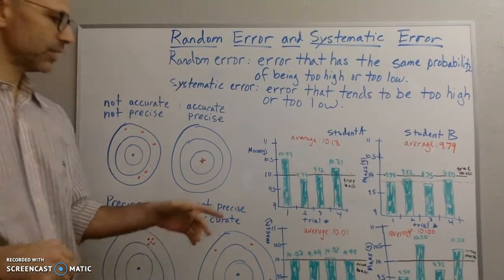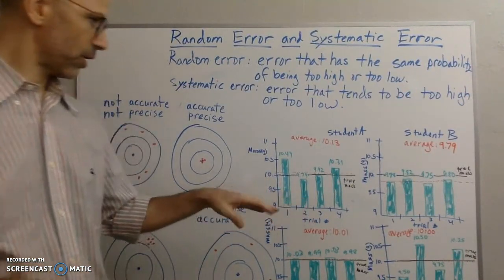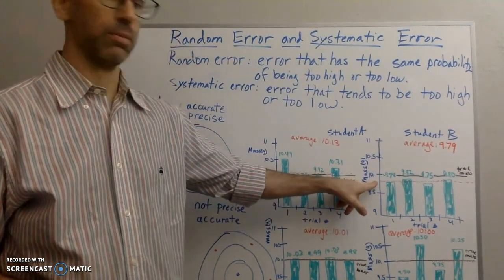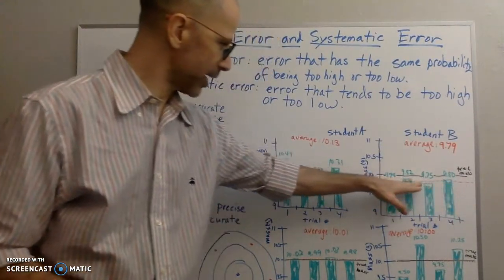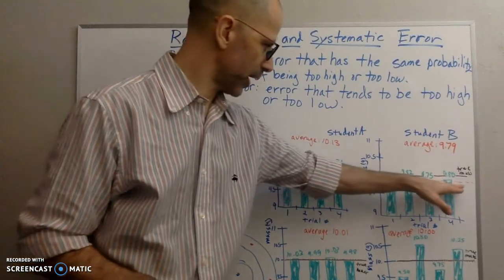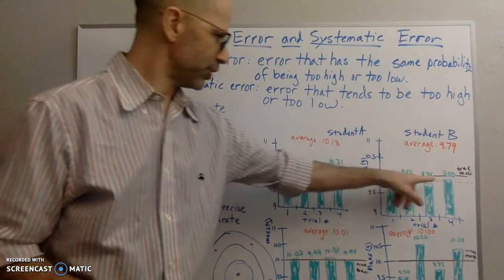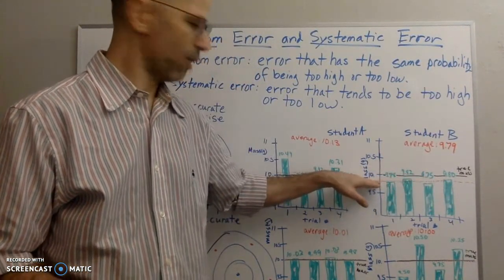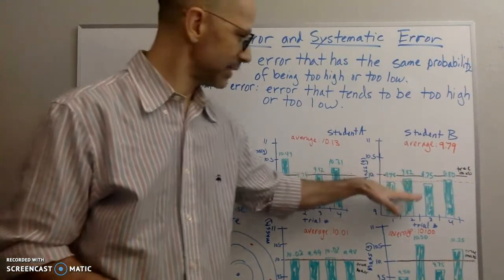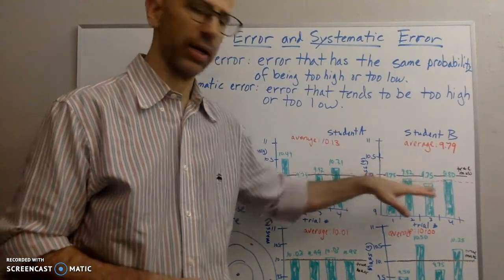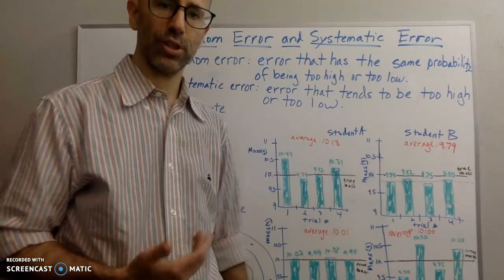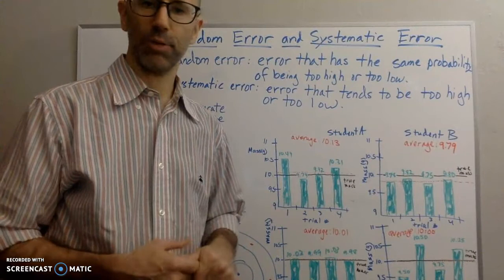Okay, so you can see in the data here you would have a systematic error because you are very precise, so there's repeatability in your data, but when you average them, it's still pretty far from the actual value, and they're consistently low. So that seems to indicate that your instrument is reading low, and so you've got to get it fixed or calibrated.